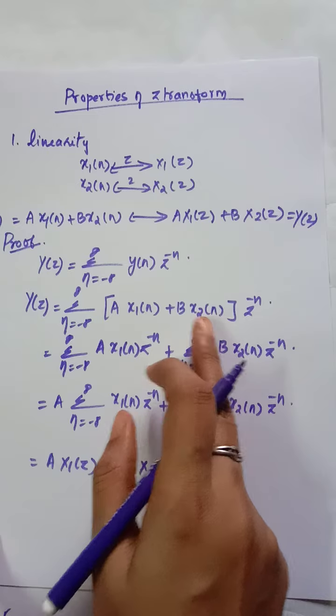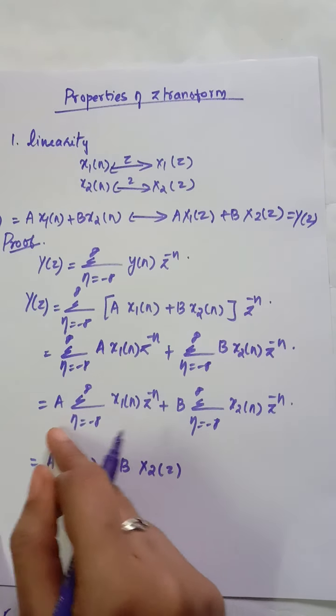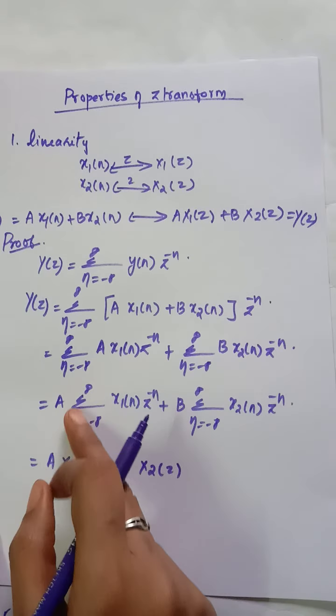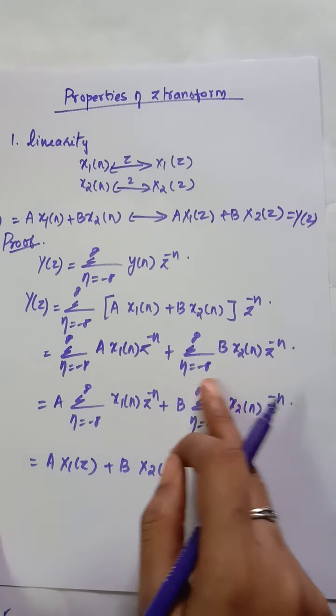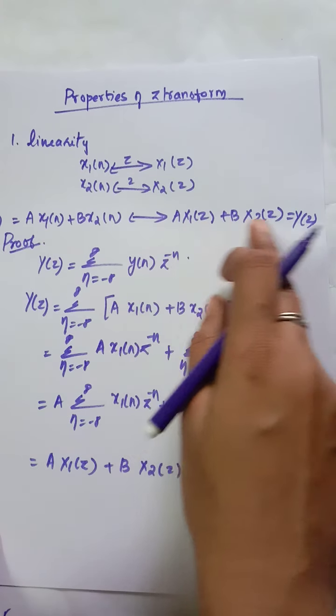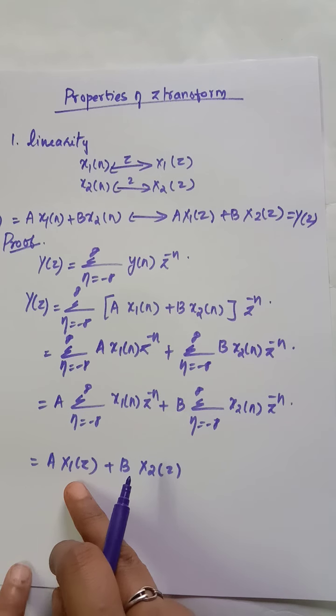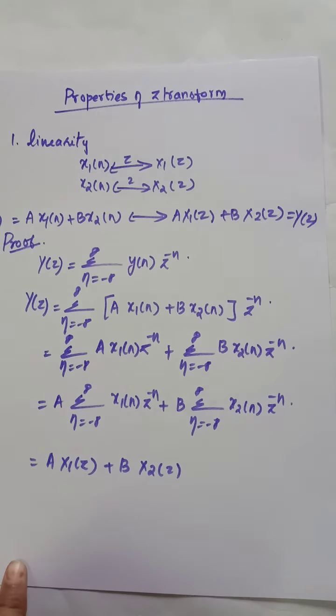After separating this into two separate terms and taking a outside, this is nothing but your x1 of z and this is nothing but your x2 of z. So we got y of z is equal to a x1 of z plus b x2 of z. So this is the linearity property.